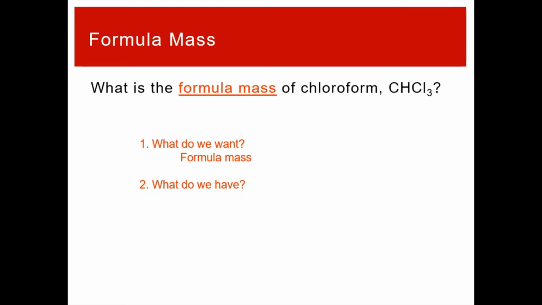And the thing that we need to facilitate that process is the molecular formula. We want to take this molecular formula, and then we can use our atomic masses, which are on the periodic table. So it's going to be a matter of taking the molecular formula we're given, figuring out the number of atoms, and then plugging that in with the atomic masses from our periodic table.